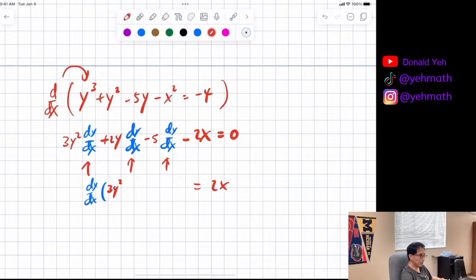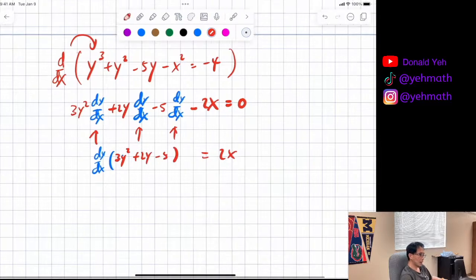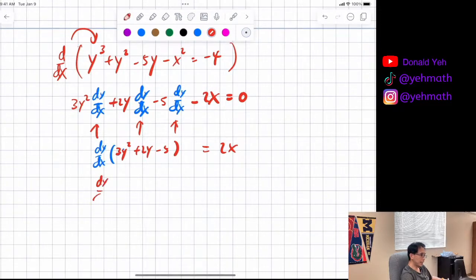All the questions I had at the very beginning are set up for right now. And then can I evaluate dy dx? Yep. So I collect all the dy dx terms on one side, and I factor out dy dx and divide everything else over. We good? That's it.